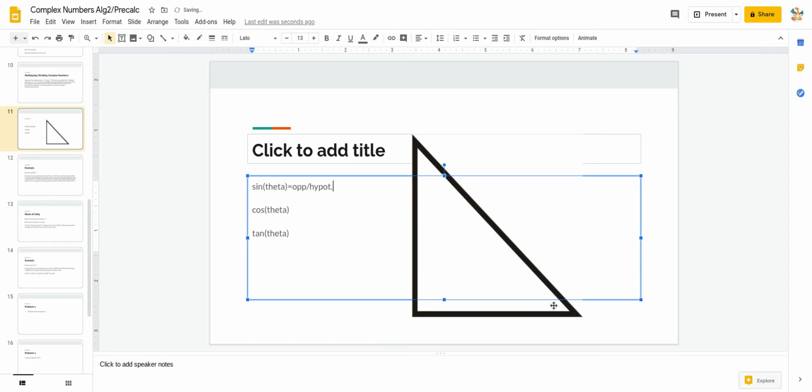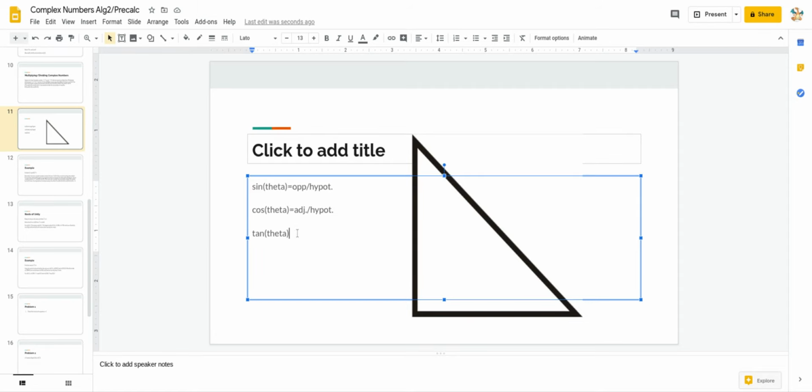For example, to find the sine of this angle, I would take the length of the opposite side divided by the hypotenuse length. Then cosine theta is adjacent over hypotenuse. To find the cosine of this angle, I would take this length over the hypotenuse length.